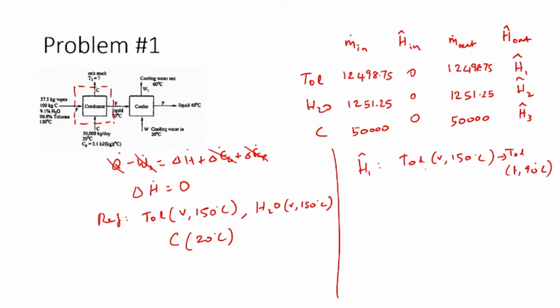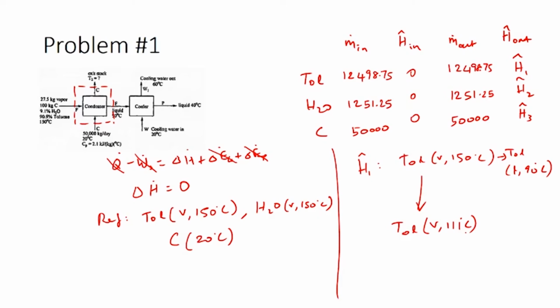So, here you have both temperature and phase changing, which means you have to build a hypothetical path. So, the path can be toluene vapor at 150 degrees Celsius is cooled to toluene vapor at 111 degrees Celsius. I choose 111 degrees Celsius because that is the boiling point of toluene, and we have the information about the heat of vaporization at 111 degrees Celsius which has been given to us in the problem.